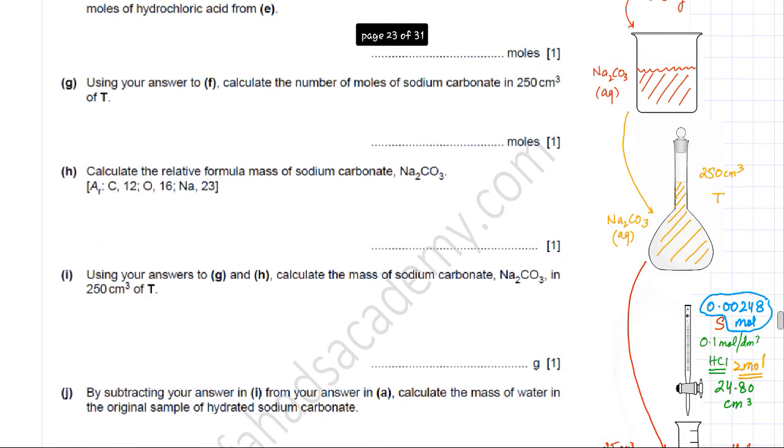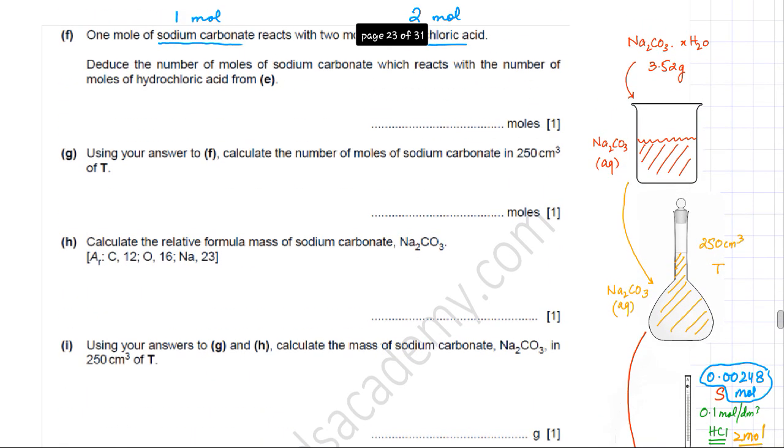So calculating the moles of sodium carbonate, let's clearly write down the ratio over here, Na2CO3 to HCl. The ratio in which the two are reacting is 1:2. So if you have 0.00248 moles of HCl, which we calculated in the burette in the previous part, how many moles of sodium carbonate would react with it?